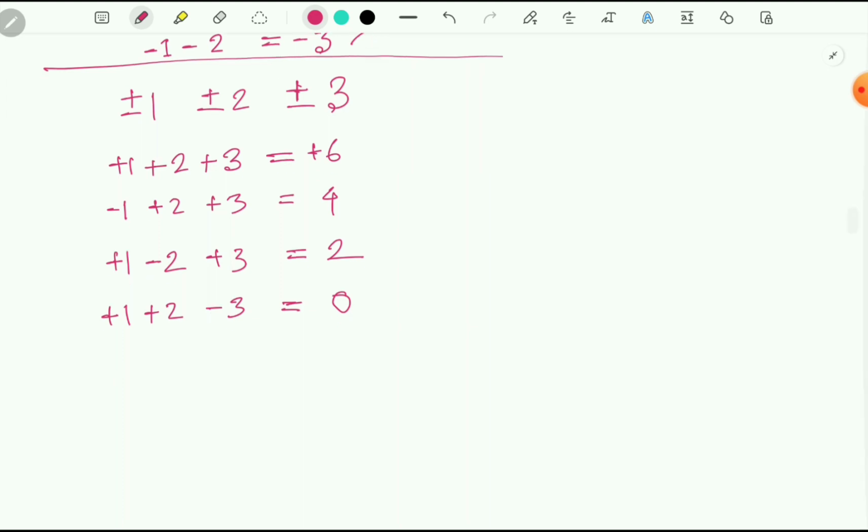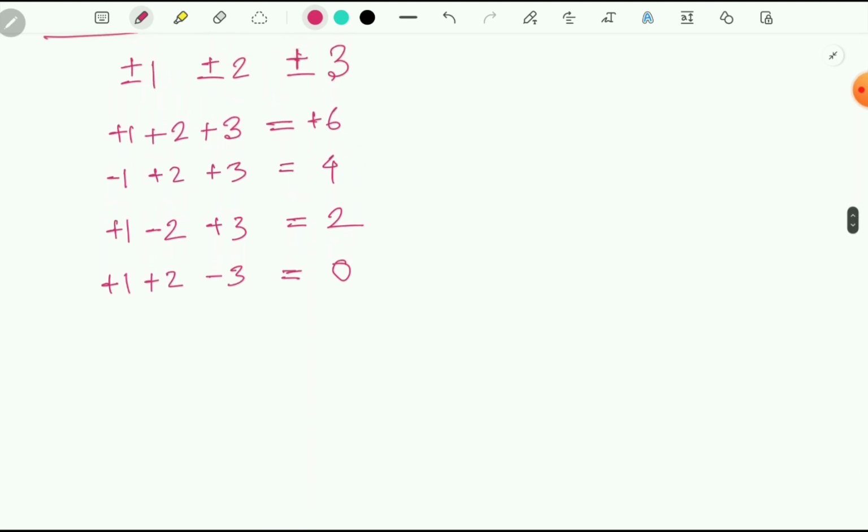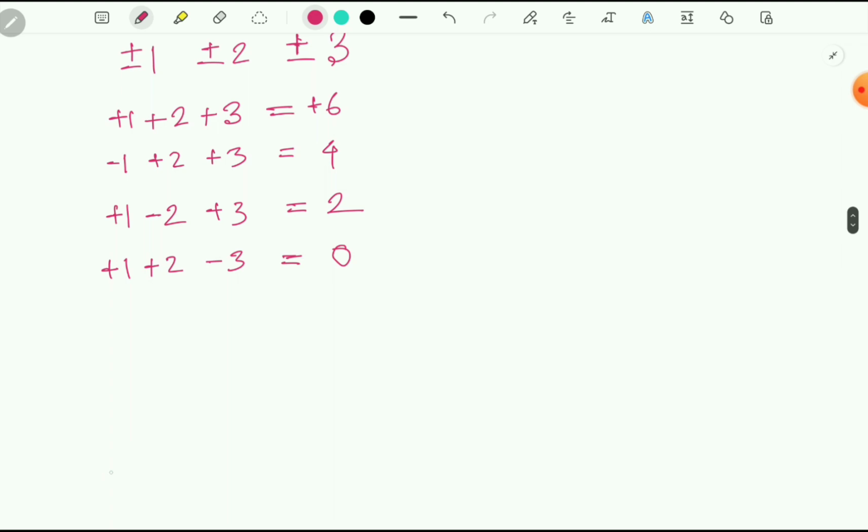Okay, similar way we can do from negative 1, negative 2, negative 3, it gives us negative 6. Then we can make 1 positive and others remain negative. It gives us negative 4.